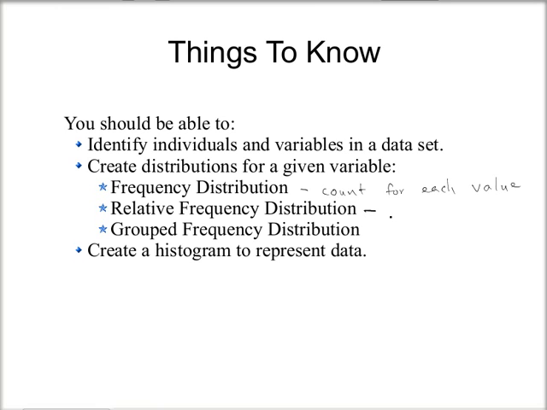And then the relative frequency distribution, we found percentages for each value. And then the grouped frequency distribution, we counted in intervals of values. And then you should be able to create a histogram to represent data, and you will do that from a grouped frequency distribution. So those are all the things that you should know from this section.